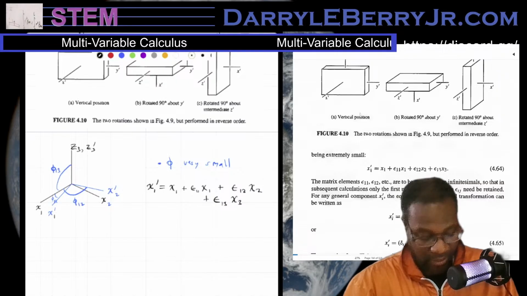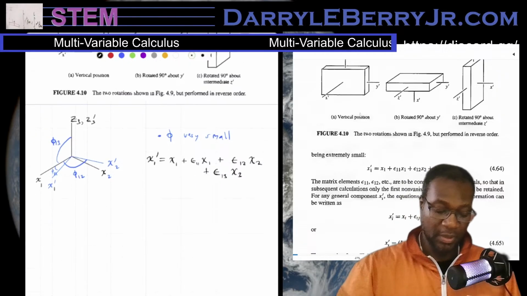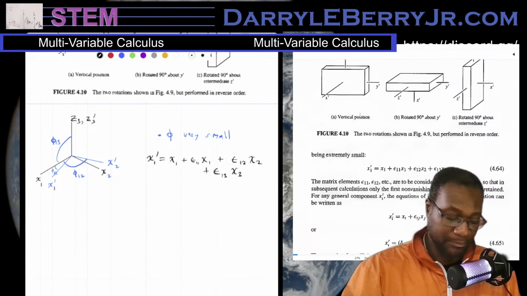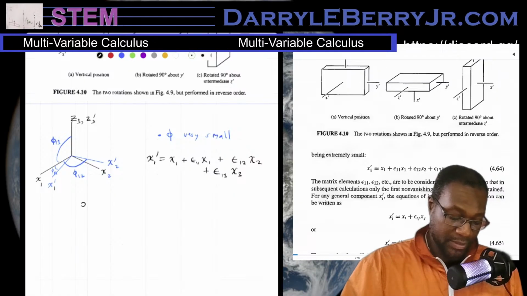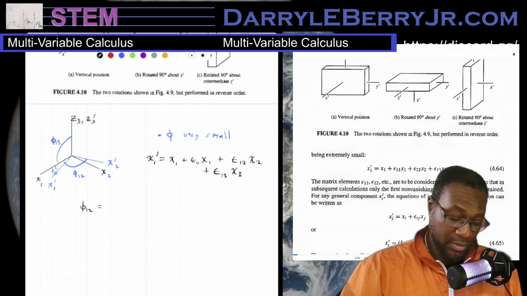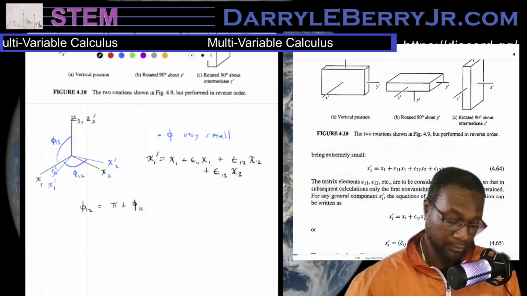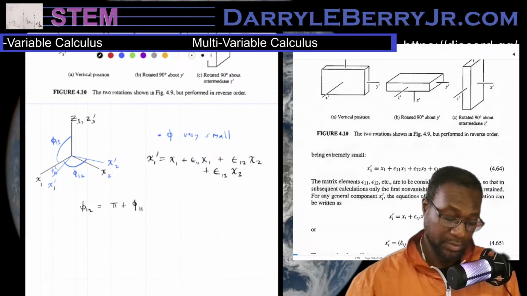Of course, well, hold up. Yeah, because before, psi 1 1 and psi 2 2 would be the same. But here, you have psi 1 2 equals pi plus psi 1 1, because you have the 90 degrees between x1 and x2, and then the shifted psi amount to get to x2 prime.